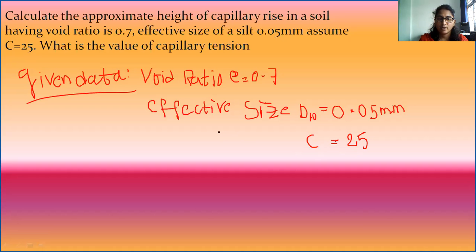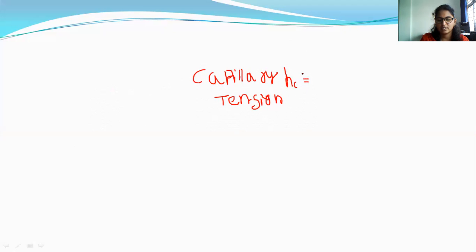Next, what is the formula required for capillary tension? Capillary tension: h suffix c is equal to 4 Ts cos theta by gamma w into d.